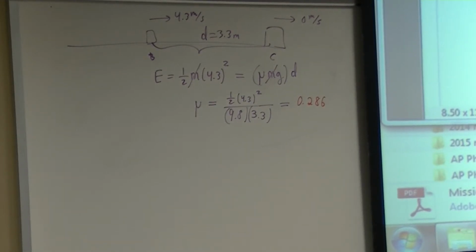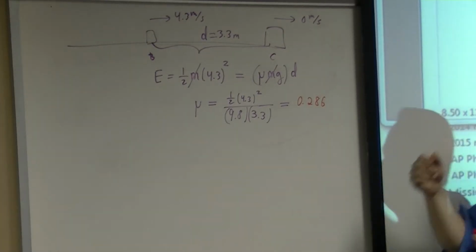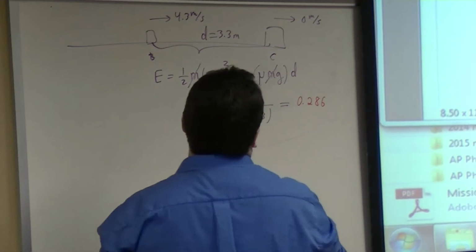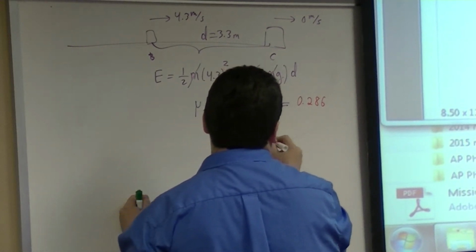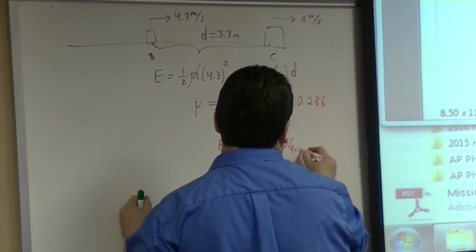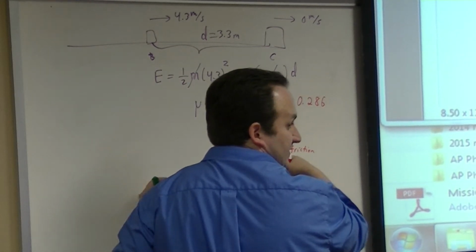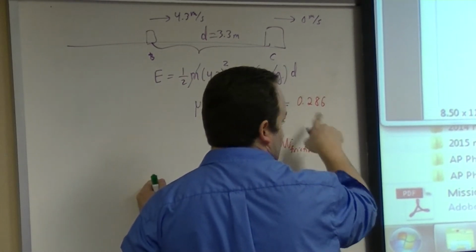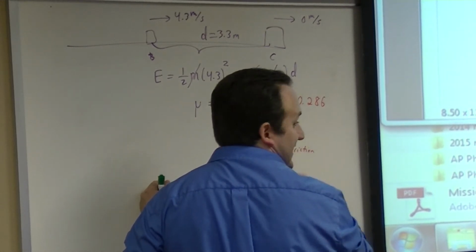Talking in terms of magnitudes, obviously. The work done by friction is negative. Technically, the final energy is equal to the initial energy plus the work done by friction. But the work done by friction is negative, so the work done by friction is actually equal to minus E naught, essentially.